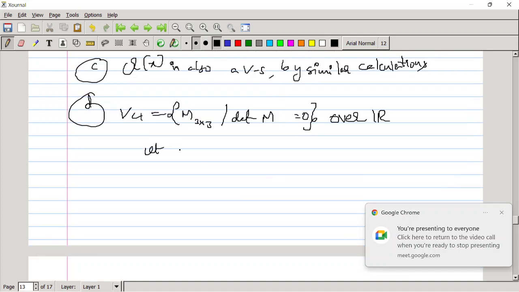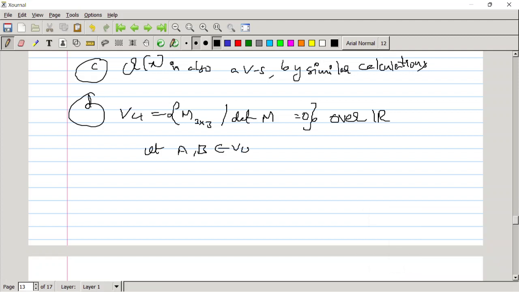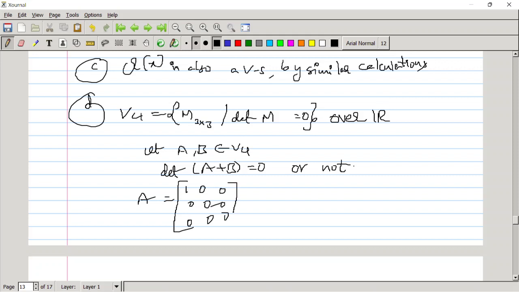Let me take two matrices A comma B belonging to V4, and we have to check whether determinant of A plus B equals 0 or not. Simply we can take A equal to the matrix 1 0 0, 0 0 0, 0 0 0, and another matrix 0 1 0, 0 0 0, 0 0 0.